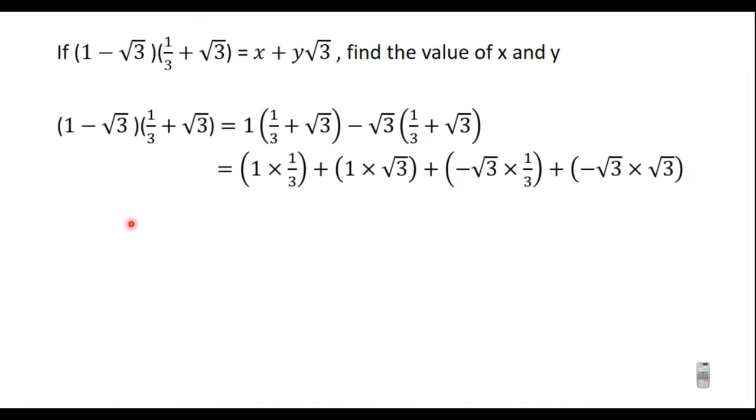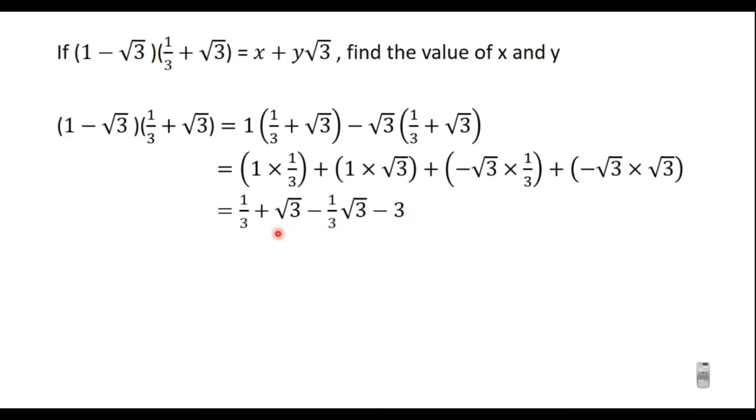So we move on. 1 times 1/3 will give us 1/3. 1 times square root of 3 will give us square root of 3. Now when you come here we have minus square root of 3 times 1/3, and that is giving us minus 1/3 square root of 3. Then, we know that square root of 3 times square root of 3 will give us 3. We already have the negative sign here, so minus 3.